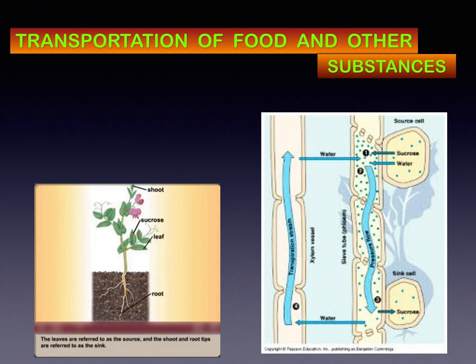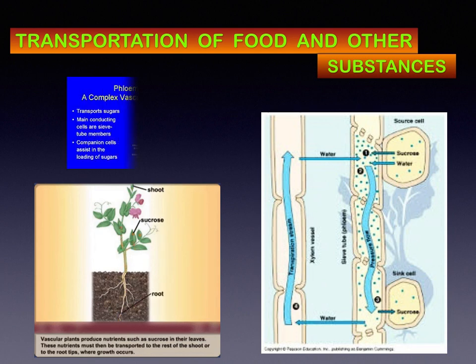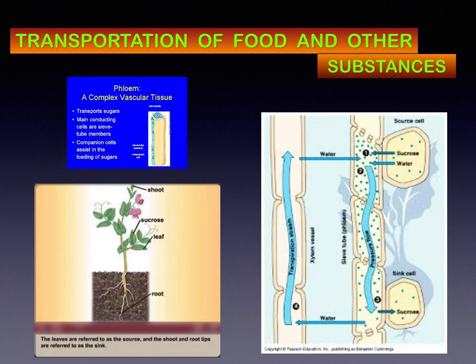This process is called translocation of materials. It is carried out in both the upward and the downward directions by the phloem. So here phloem is responsible for transportation of food and other substances in plants.